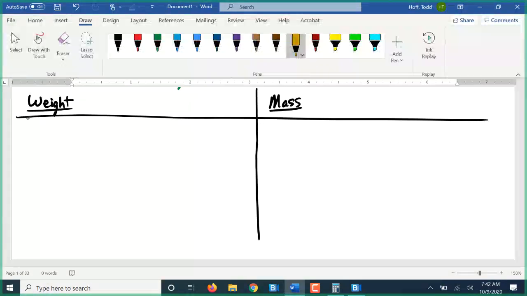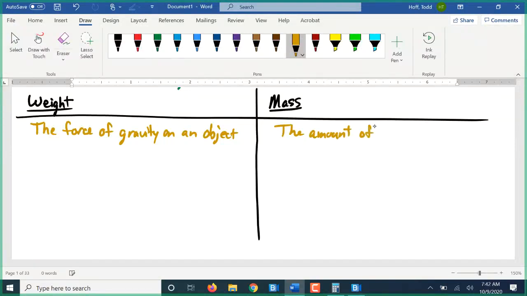Weight is a measurement of the force of gravity on an object. Mass is a measurement of the amount of matter in an object.